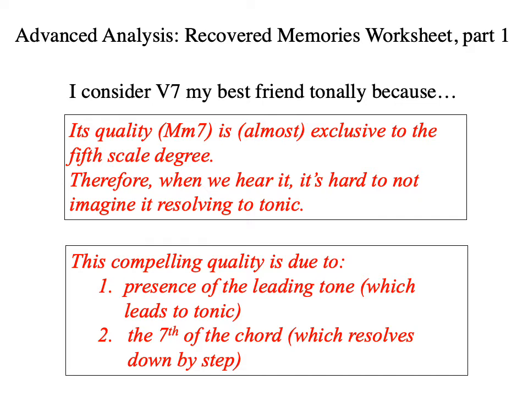Just like the leading tone wants to go up to the tonic, that 7th wants to move down a step. So, you know, that major minor 7th chord quality that we find in V7 is really good because it so strongly suggests tonic.